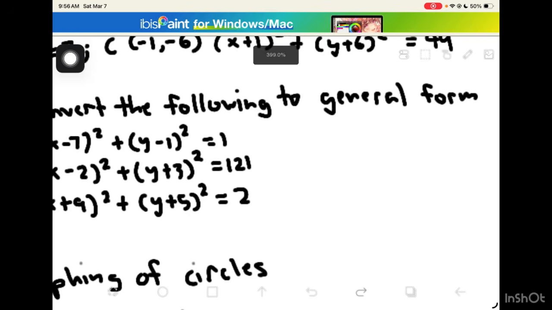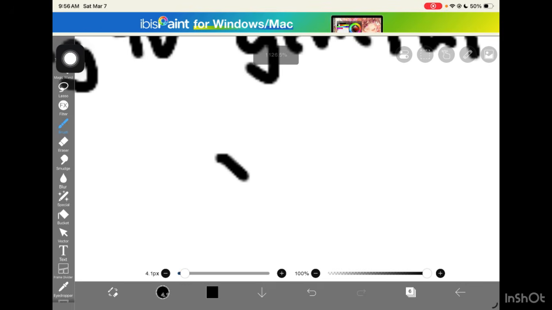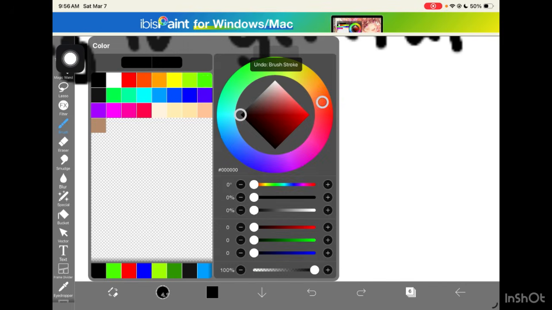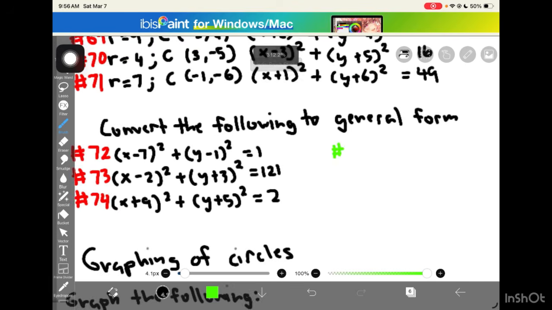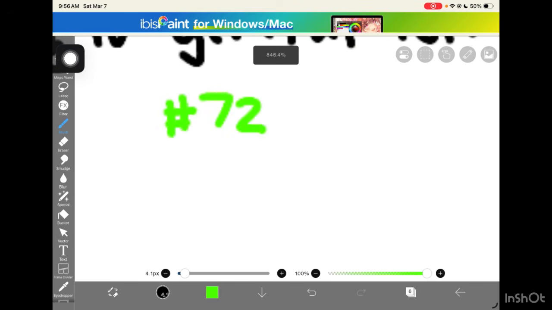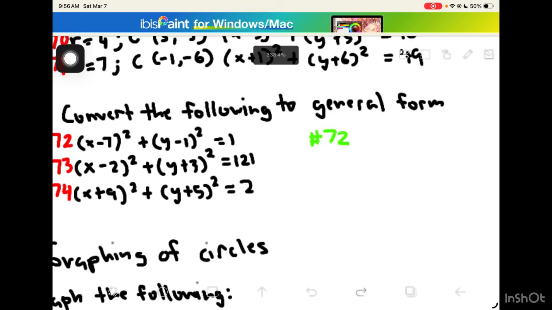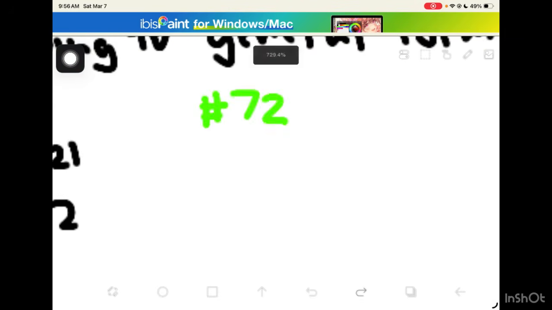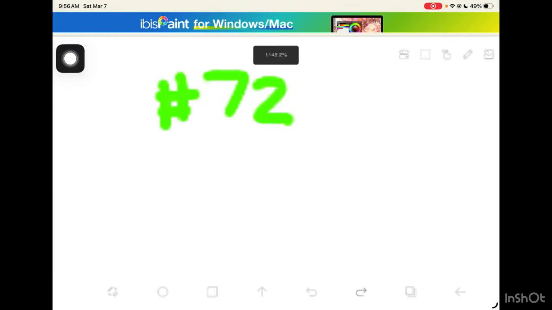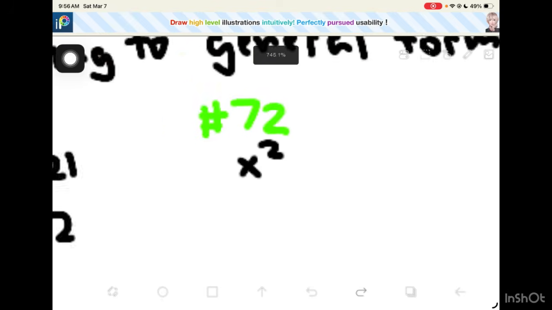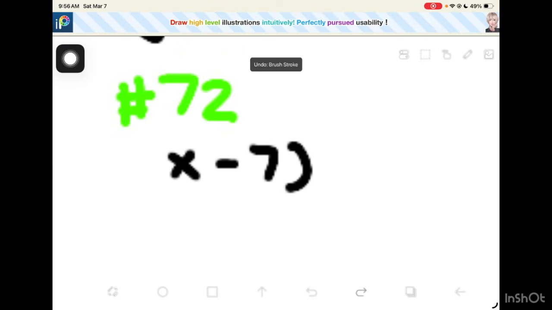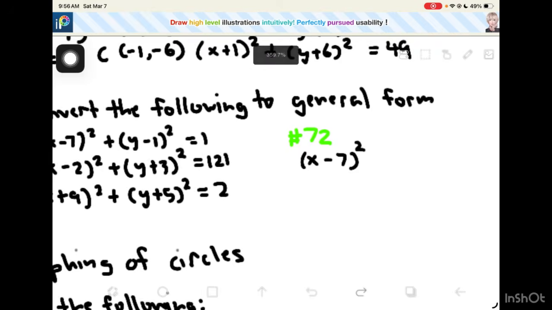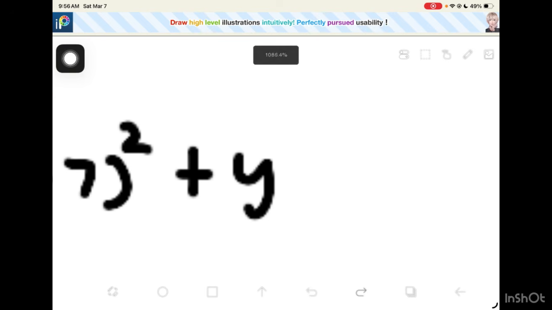Okay, so first and foremost, so x, let's do 72. Okay, we put x minus 7 times x minus 7 is just x squared. Sorry, x minus 7 squared plus y minus 1 squared.